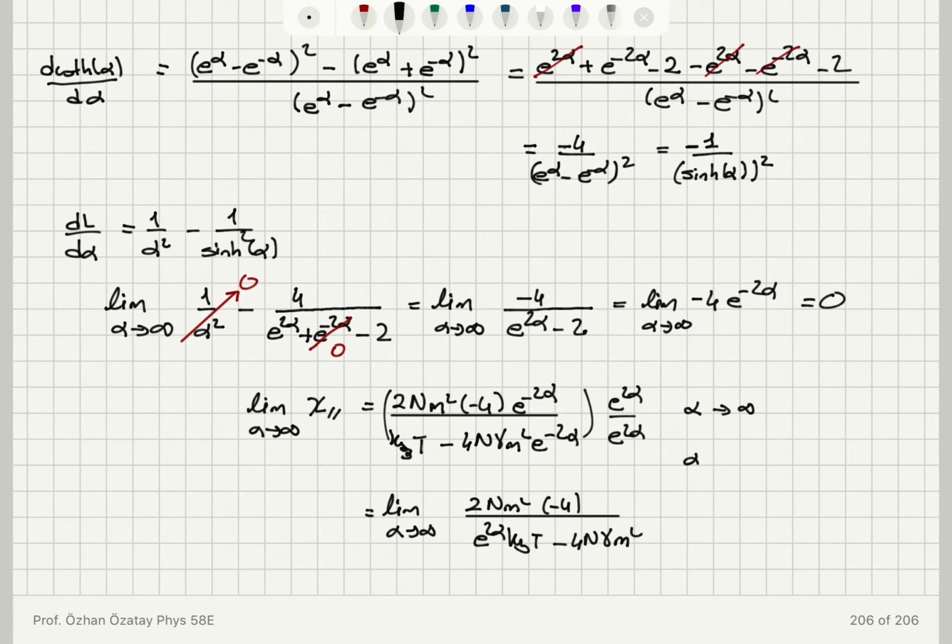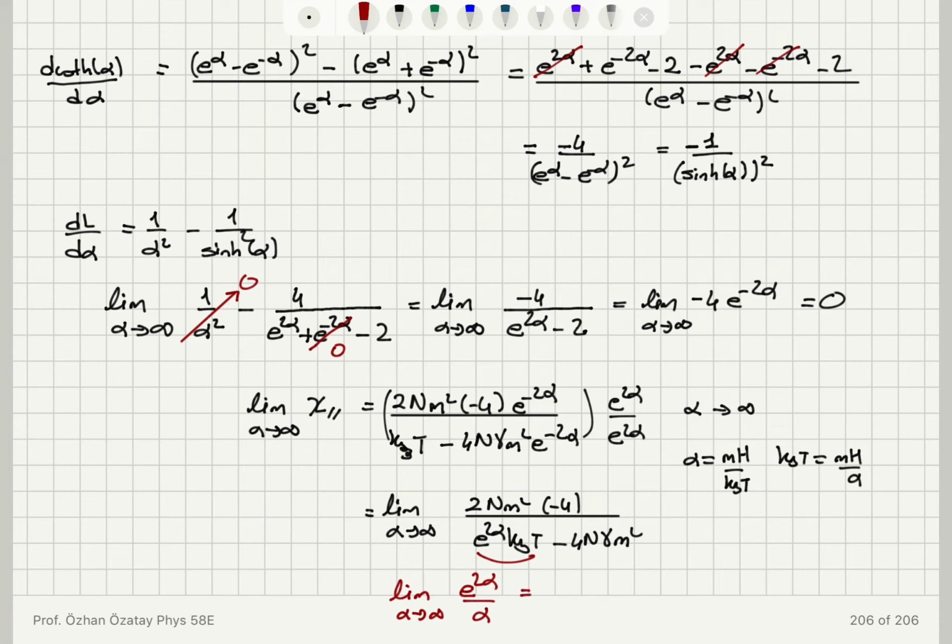Now since alpha is mH over kBT, kBT is mH over alpha, so the question is, how does this part behave? So for that part I have the limit as alpha goes to infinity of e to the 2 alpha. Since kBT is basically mH over alpha, this will be e to the 2 alpha over alpha, which is an infinity over infinity limit.